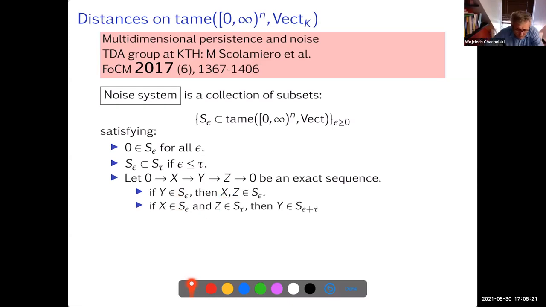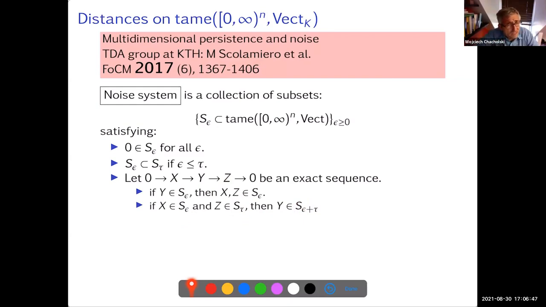However, if x is epsilon close to zero and z is tau close to zero, then y can jump out, but not too far. It is in the disk with radius epsilon plus tau. So I'm just putting algebraic conditions, requirements, on my system of disks around zero.